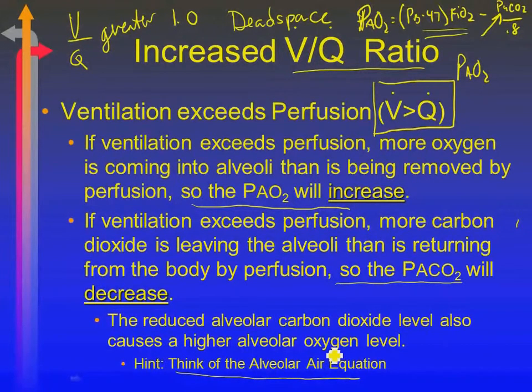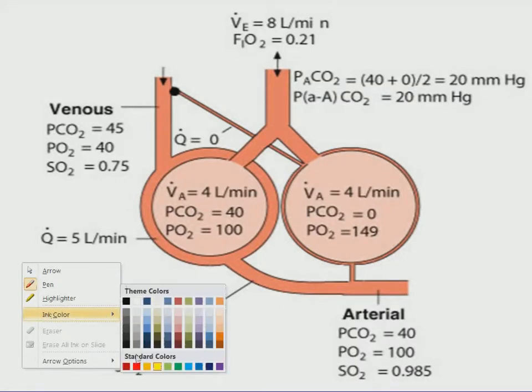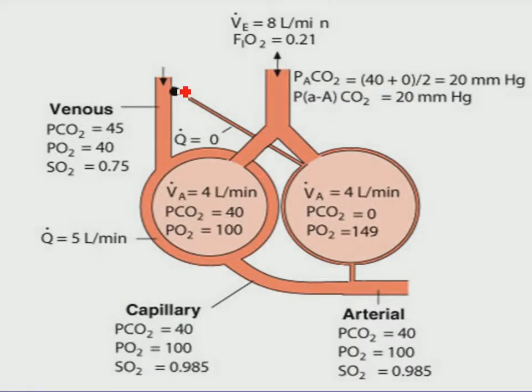So dead space will end up with higher oxygen, lower carbon dioxide levels. And this is the example of a dead space. The classic dead space is where I have a loss of perfusion. Pulmonary embolus.